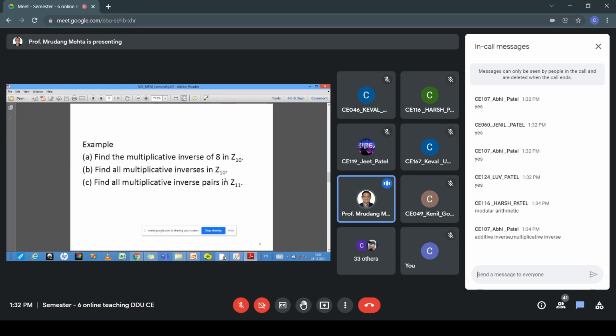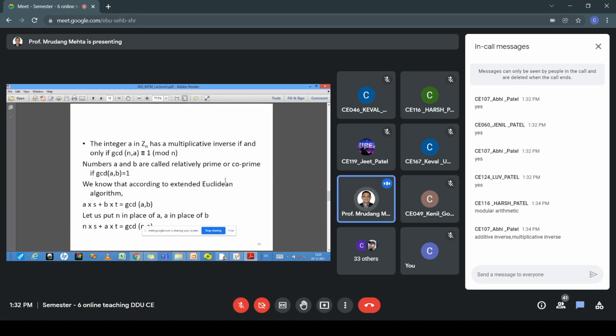Then I asked you to solve this. The multiplicative inverse of 8 in Z10 is not possible because when you take the GCD of 10 and 8, it is not 1. But the multiplicative inverses in Z10 and Z11 were discussed.